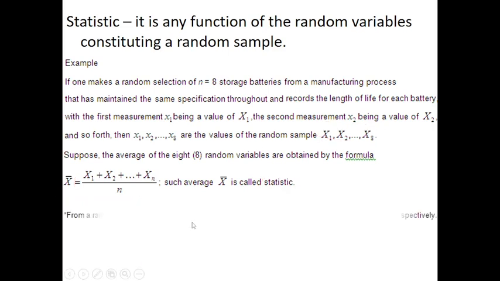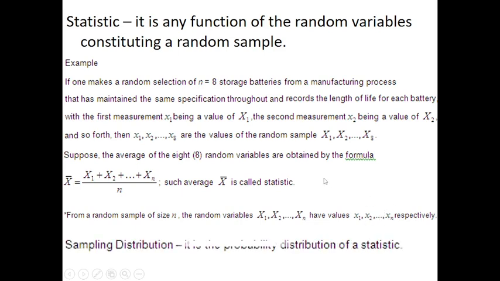Now, from a random sample of size n, the random variables x sub 1 up to x sub n have values x sub 1, x sub 2 up to x sub n, respectively.